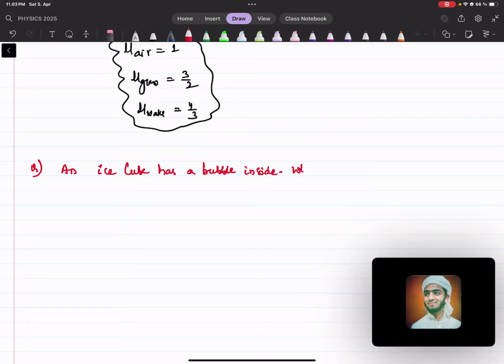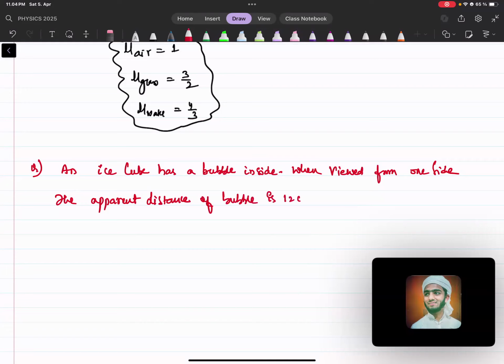When viewed from one side, the apparent distance of the bubble is 12 centimeters.